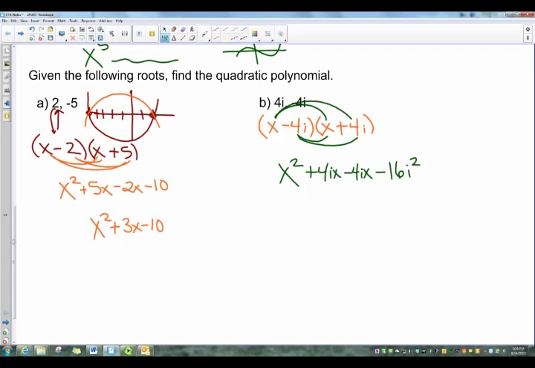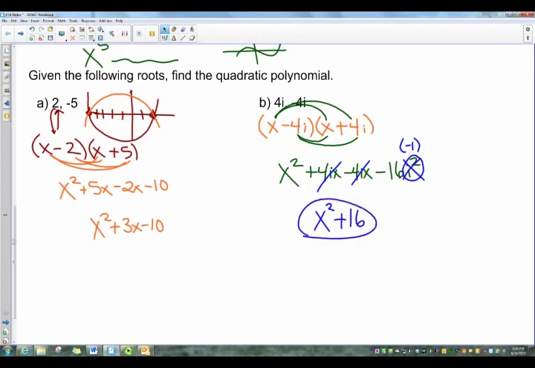Well, the 4ix and negative 4ix cancel. So I'm left with x squared minus 16i squared. And if you remember from the imaginary talk, i squared is negative 1, so that is replaced with a negative 1. Negative 16 times negative 1 is a positive 16. And there is my quadratic that holds those two zeros.